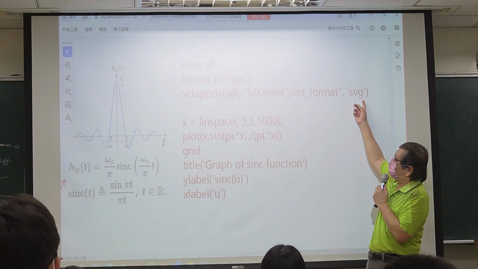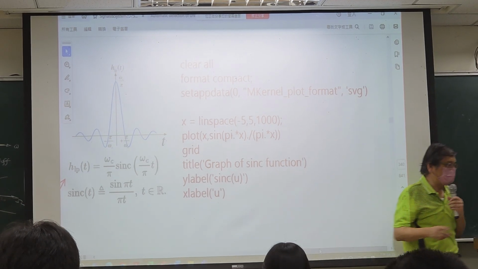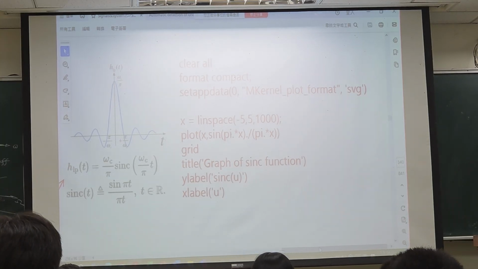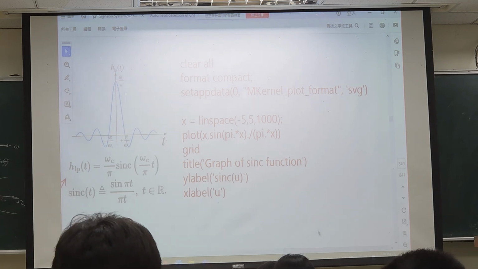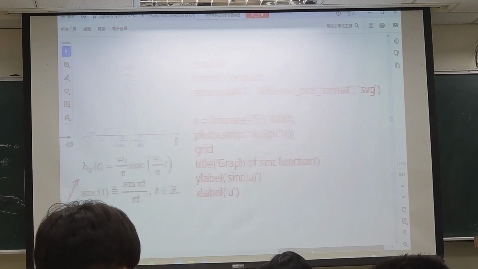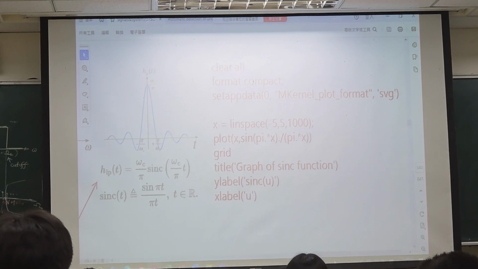Then I'm going to ask you, what am I doing here? Set of f data. Can anyone tell me what that is? Try to run the program first and see what happens.